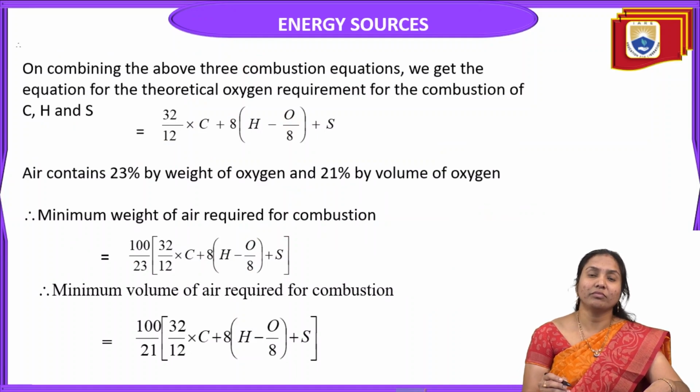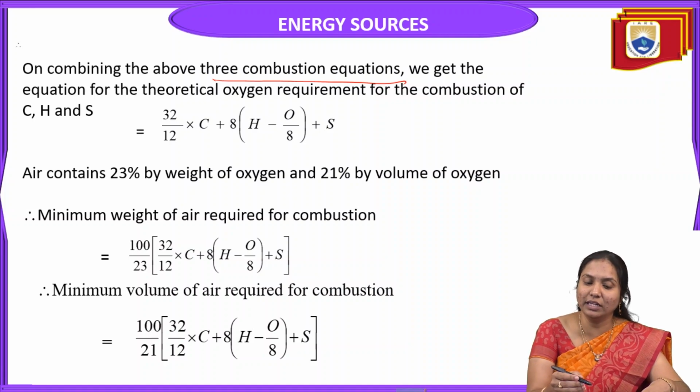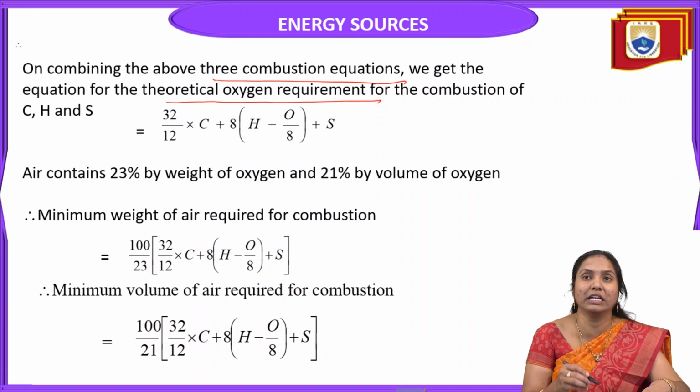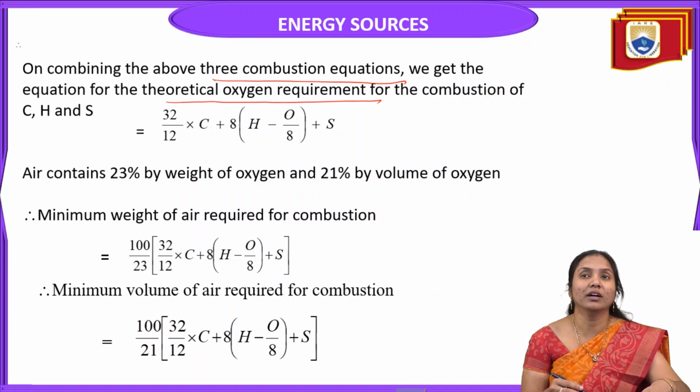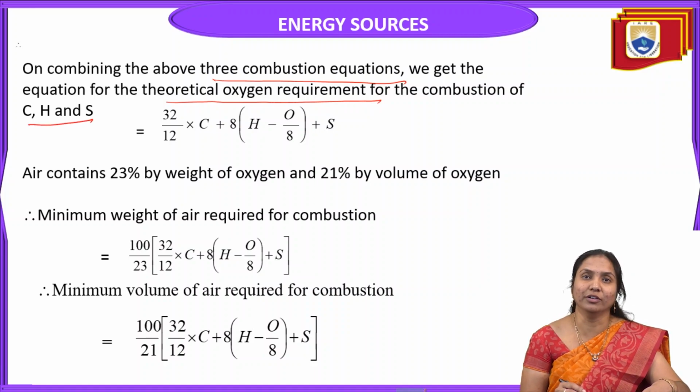Next point, combining the above three combustion equations. If carbon, hydrogen, oxygen and sulfur are present in the fuel, when it interacts with oxygen, as we already discussed, combining the above three combustion equations gives the theoretical oxygen requirement for complete combustion of carbon, hydrogen and sulfur.